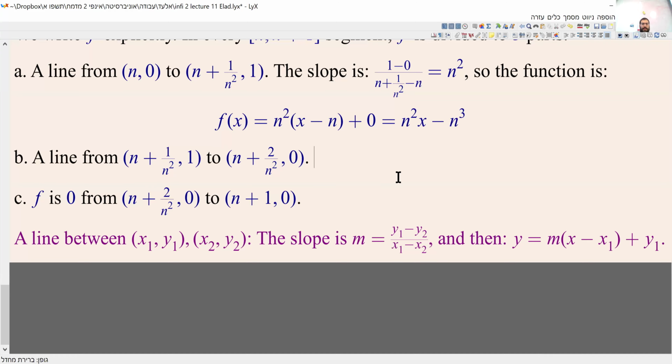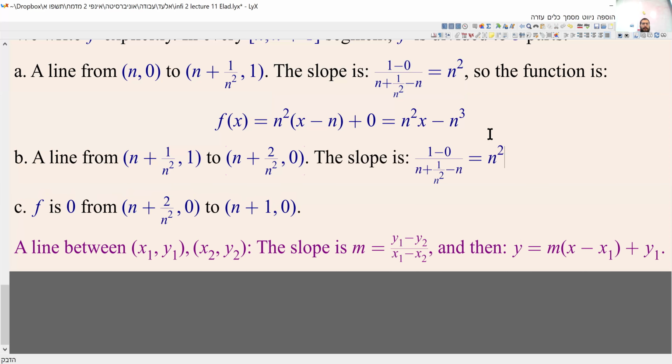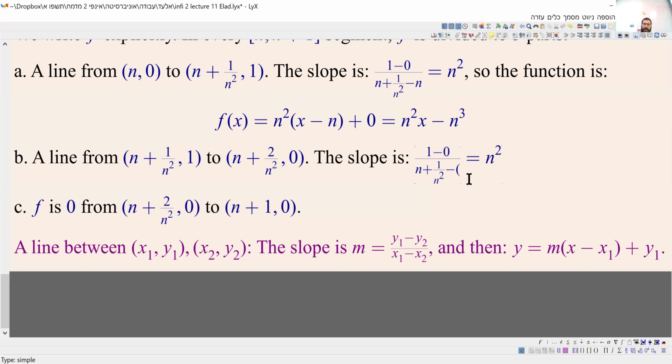And here, the second part, the slope is similar but not the same. We have 1 minus 0 and minus n plus 2 above n squared, which leaves us with, bottom line, minus n squared.